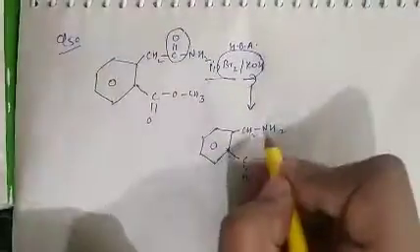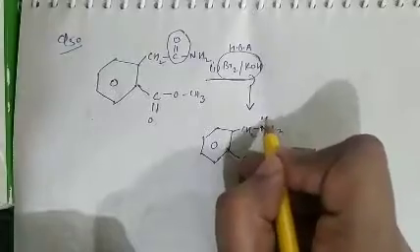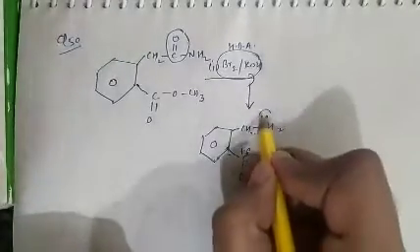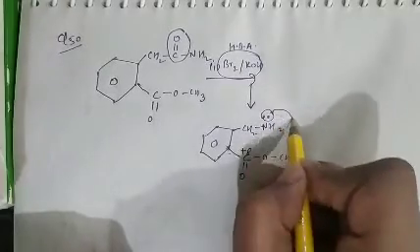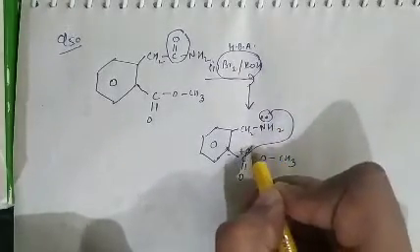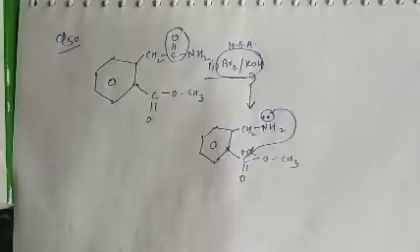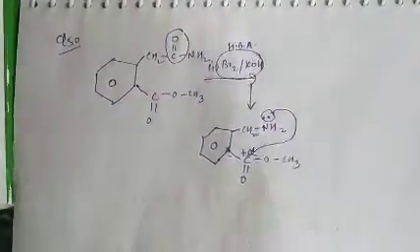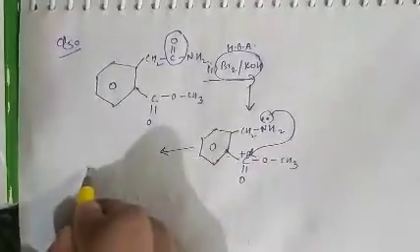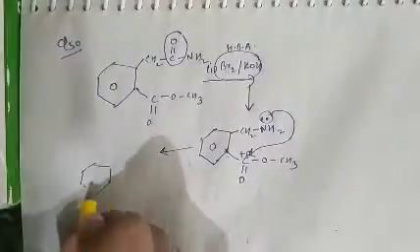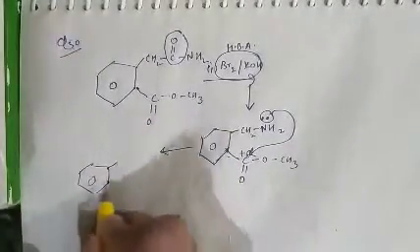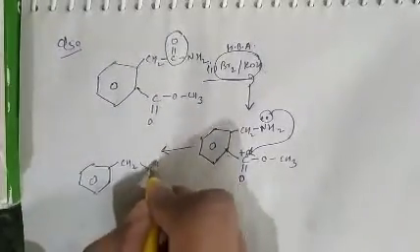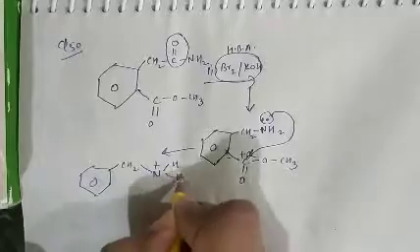Now the nitrogen atom has a lone pair of electrons, and this carbon has a partial positive charge. So an intramolecular reaction will take place. Now this nitrogen atom's lone pair will attack this carbon atom, and a ring will form, a ring of 5 members. So the ring will be like that. It forms a ring: CH2, N carrying positive charge, NH2.